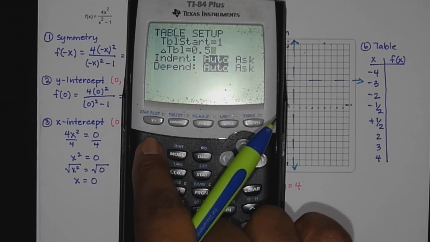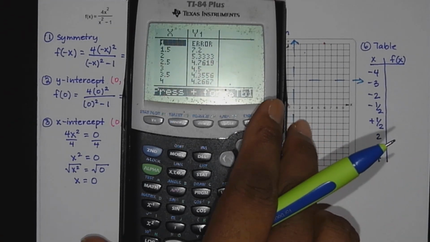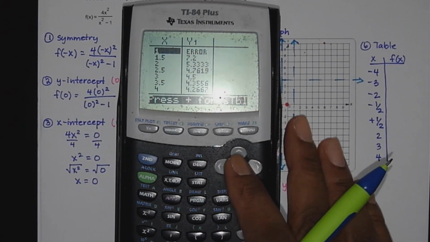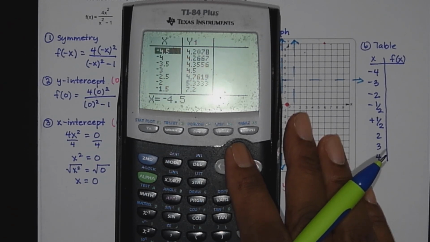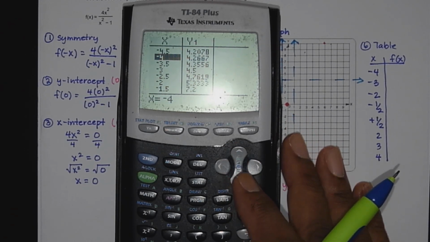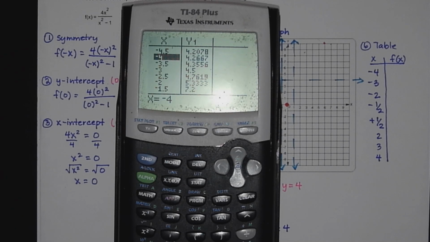Okay. And then go to second table. Now I'm going to use my up arrow key to go up to -4. You can see it's in increments of 1/2 here. But I'm going to use the ones that I need.